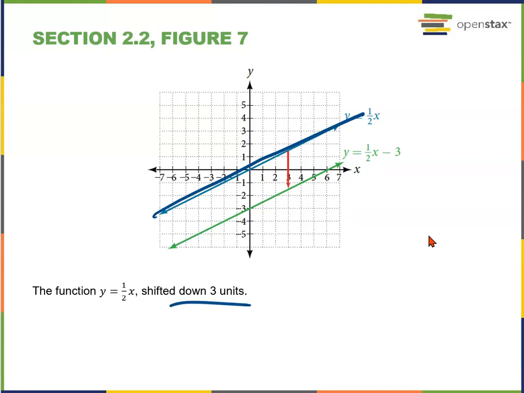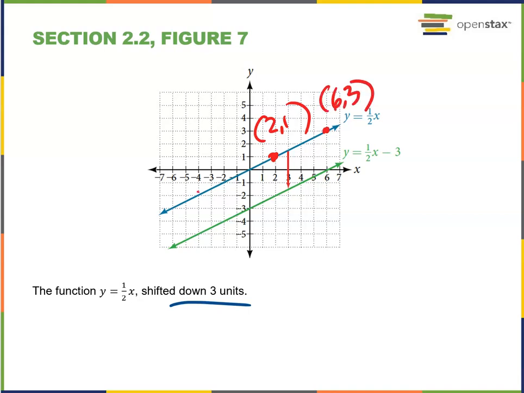So meaning all this line, the whole line, you shift it down 3 units. Let's take a look at some points again. Let's use this point. This is at (2, 1). This is (6, 3).